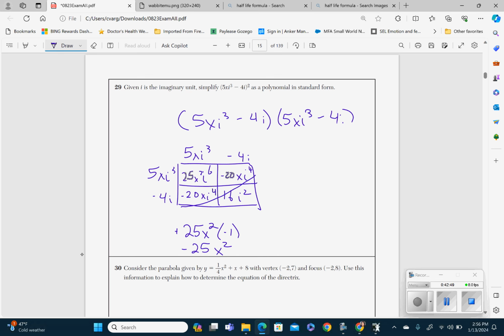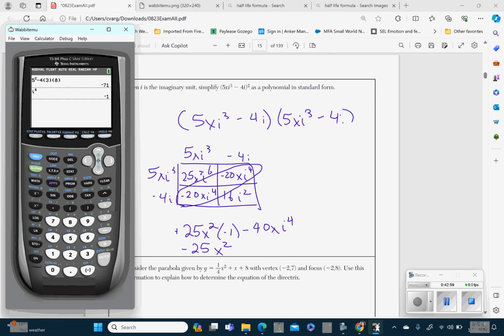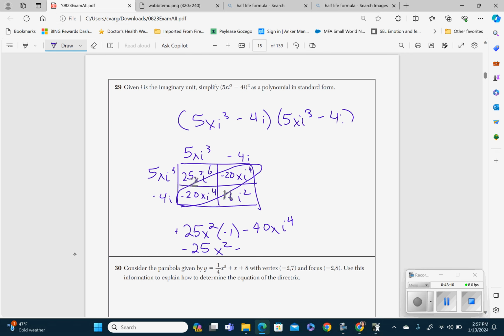These right here are going to get added together, so that's going to be -40xi to the fourth. So if I go to my calculator and type in i to the fourth, I'm going to get 1. Beautiful. So this is just -40x, because i to the fourth is equal to 1. Okay? A 1 times anything is itself.